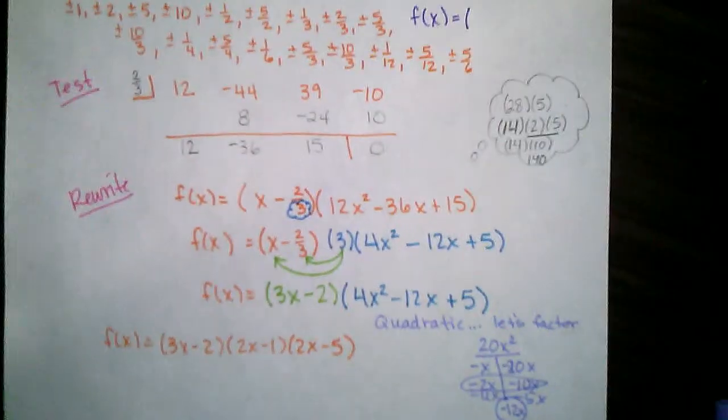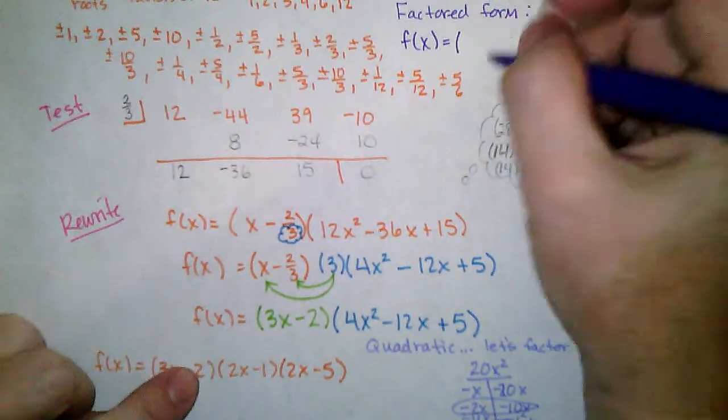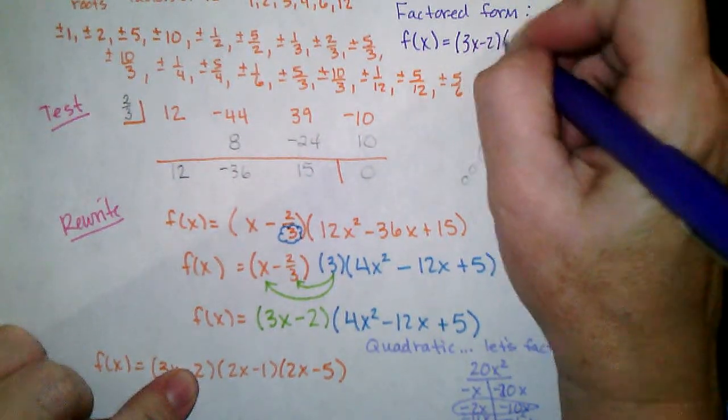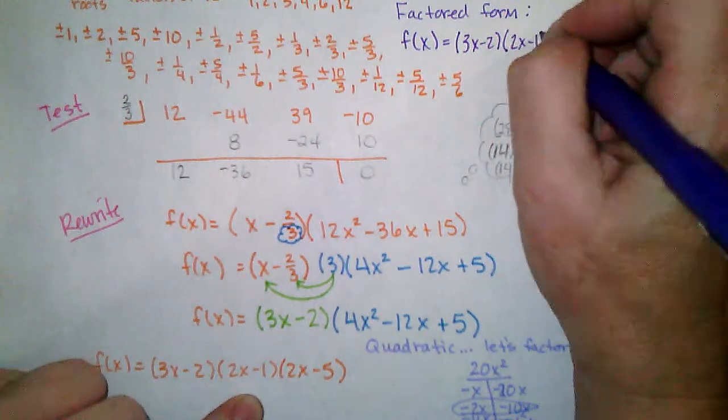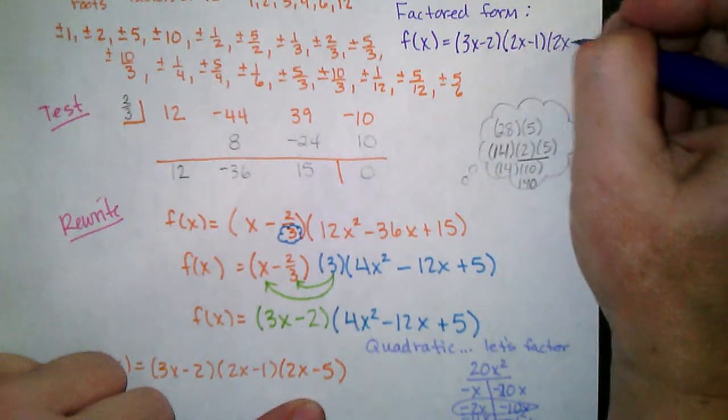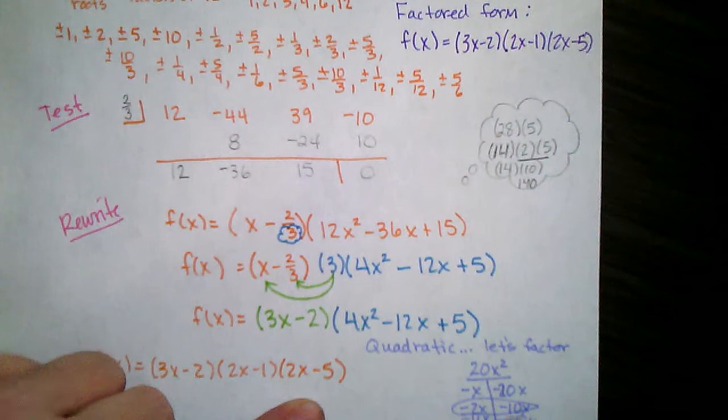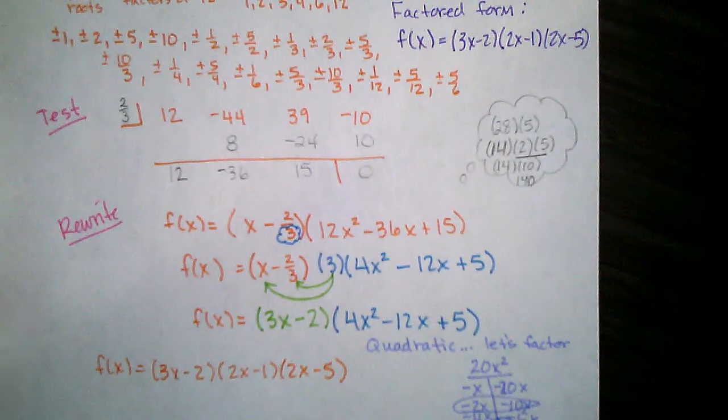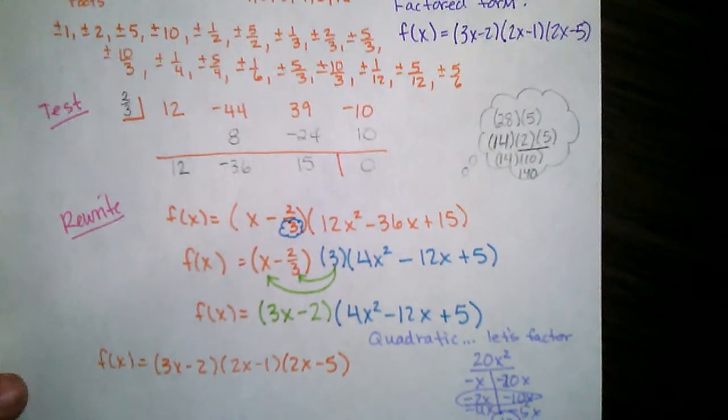I'm going to have to zoom out here. My factored form would be 3x minus 2 times 2x minus 1 times 2x minus 5. And then to get my other two roots, I will set each of these parentheses equal to 0.